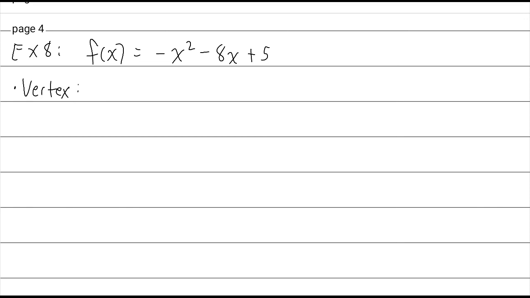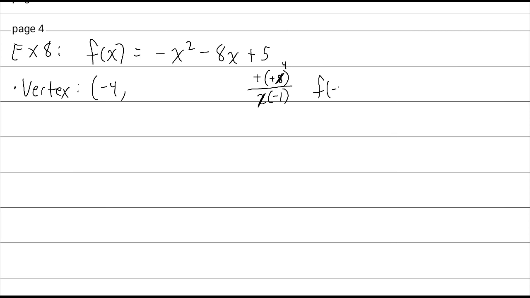So starting with the x value of the vertex, negative b over 2a. Let's take care of these negatives. Okay, those cancel out and I'm left with a positive, but there's still a negative left over, so it's going to be a negative result. 8 divided by 2 is 4, so it's going to be 4 over negative 1, negative 4.